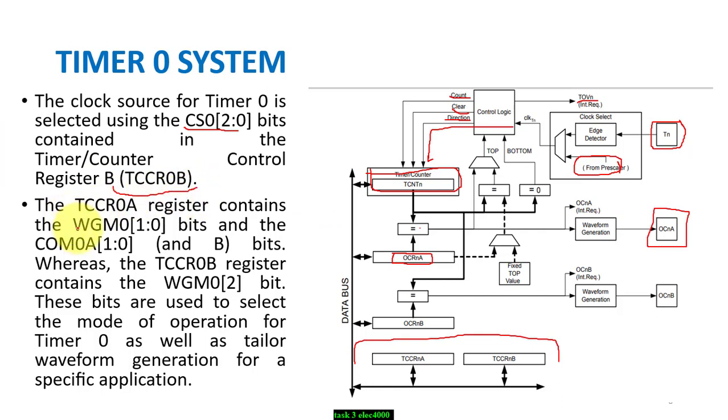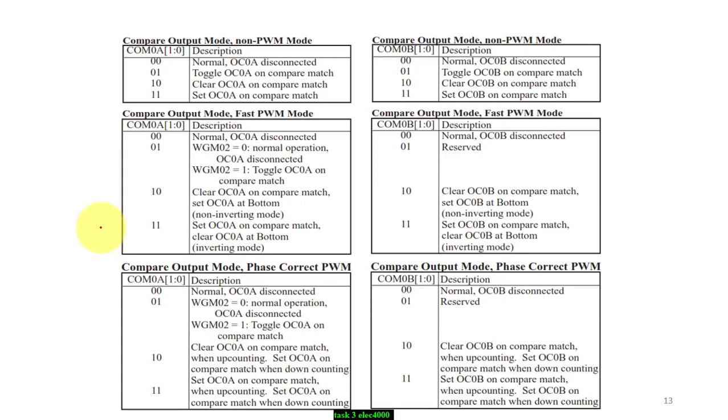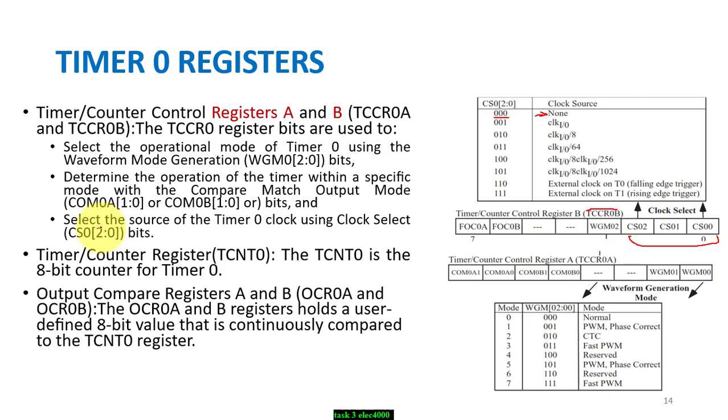Then we have the wave generation mode, which is a different story which we can control from timer counter control registers A and B. So let me go forward over here. These are the timer counter control register mode bits. See, this is bit 2, this is bit 0, this is bit 1, all of them cascaded, they give us the 3 bits over here.